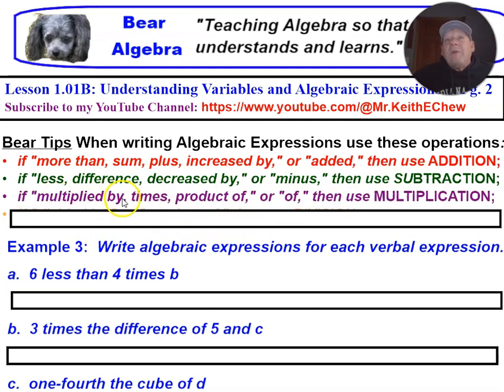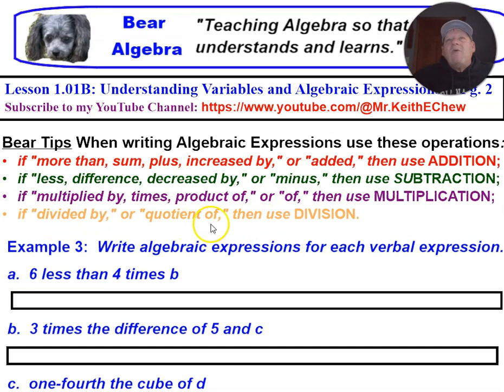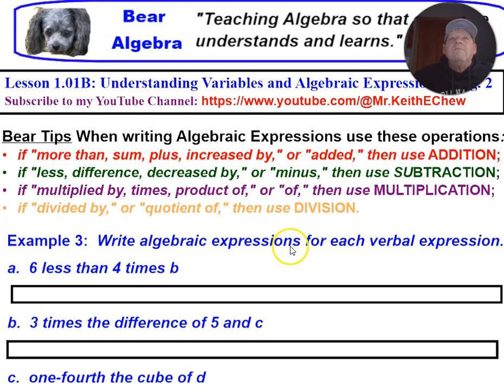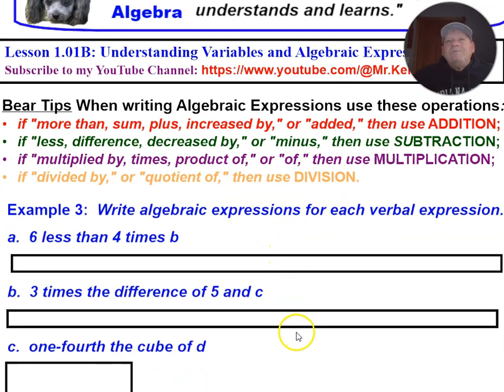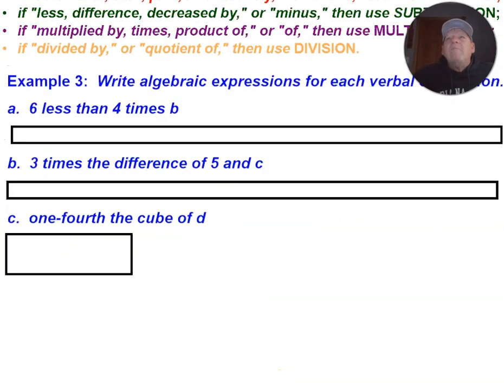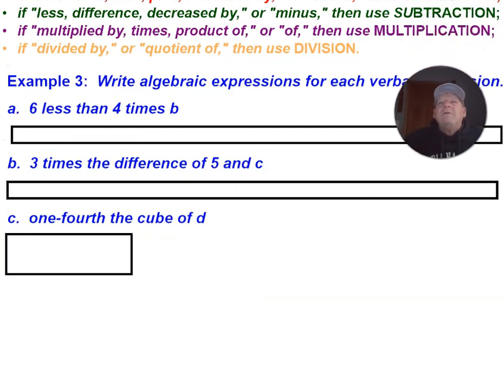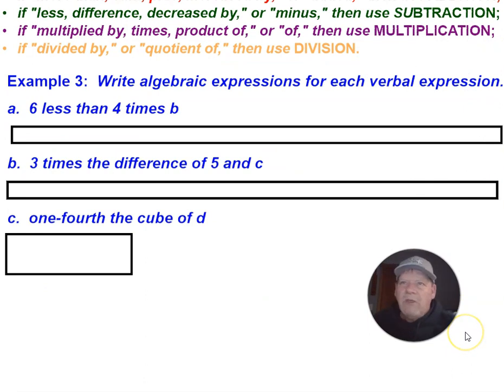If you have the words multiplied by, times, product of, or just the word of, then you would be using multiplication. And if you have the words divided by or quotient of, you would use division. So this is a very important background situation where you have to understand this to move forward.